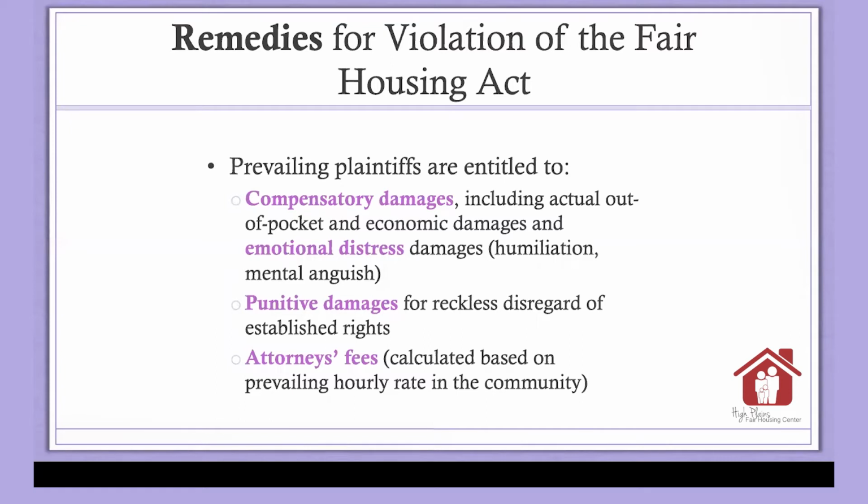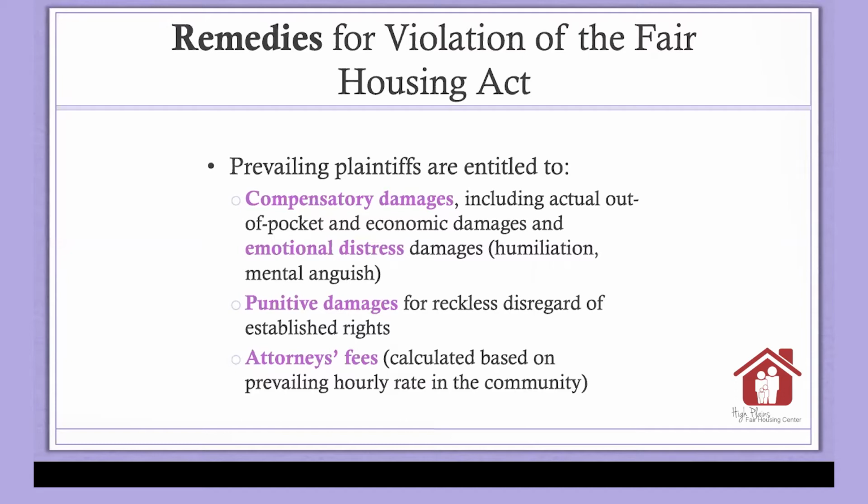So let's start with the remedies portion. The Fair Housing Act provides a remedy. Well, what are those? Prevailing plaintiffs in a lawsuit are entitled to recover compensatory damages, which include not only actual out-of-pocket and economic damages, but also emotional distress damages that are calculated according to the harm suffered by the aggrieved party.